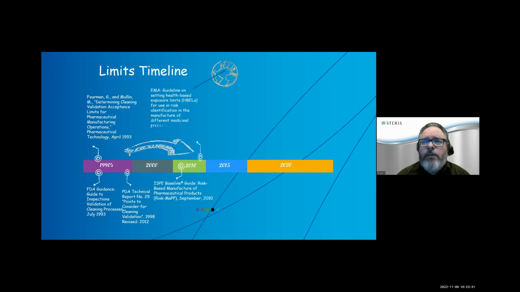And then that was moved forward with the EMEA guide on setting health-based exposure limits in 2014. They introduced the term permitted daily exposure, or PDE value, in 2014. And then we have the adoption of that in 2015.